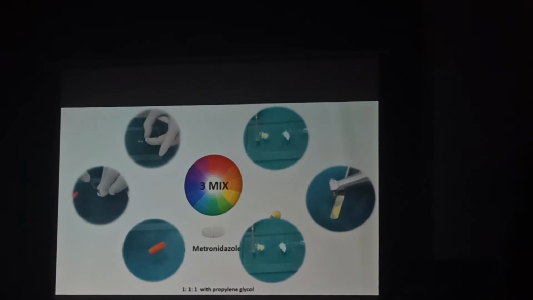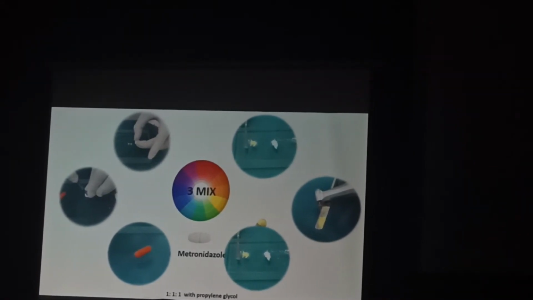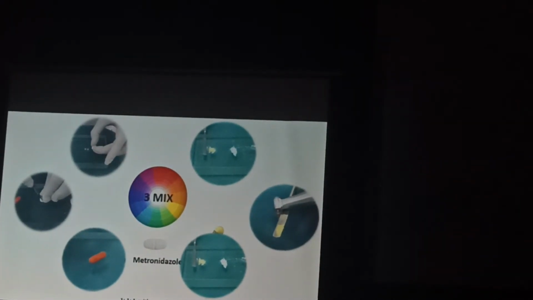Okay, triple mix preparation can be done using over-the-counter antibiotics. If the video were working, you could see all the movement, but now we cannot see it. So just look closely.